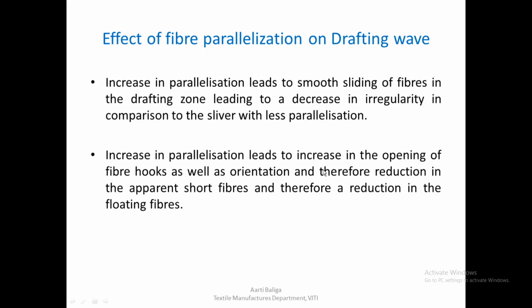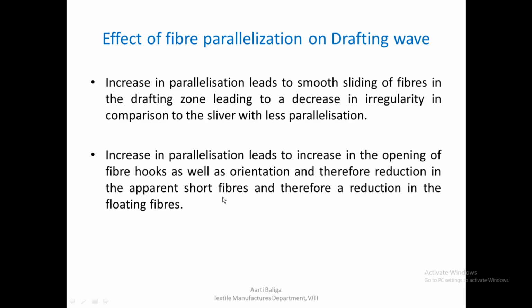So increase in parallelization leads to increase in the opening. This happens because when you draft or when you parallelize, it tends to open the fiber hooks. We have seen in one of the lectures how the hooks are opened out, and they also become oriented towards the axis, and it will reduce the apparent short fibers. What do I mean by apparent short fibers? Let us try to understand.